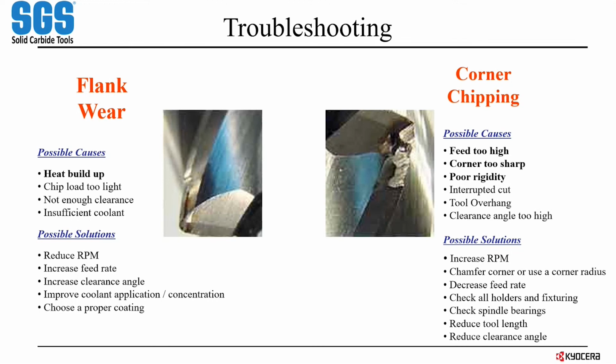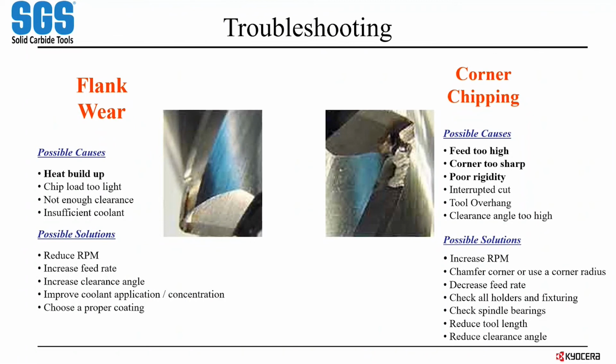The other thing is corner chipping. And this will generally come from your feed being too high. You might have a tool that's just too sharp for what you're trying to do with it, or you don't have the right rigidity, whether that be in the tool holder, the work holding, or the machine. If you have an old beat up machine that's still chugging along, and you have real fragile edges on your tool, they might break out more easily.